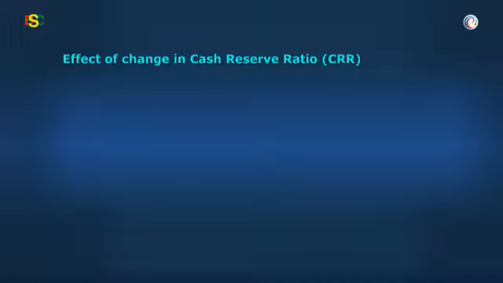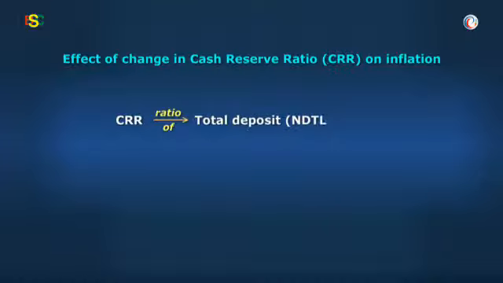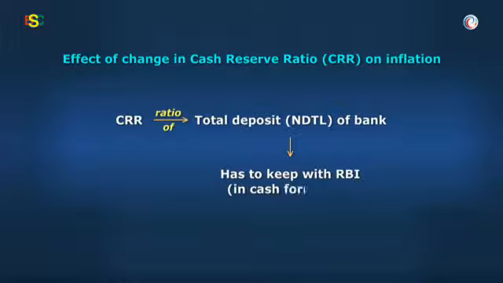Think of the effect of a change in the cash reserve ratio (CRR) on inflation. CRR is the ratio of total deposits (NDTL) of a bank, which it has to keep with the RBI in cash form only.